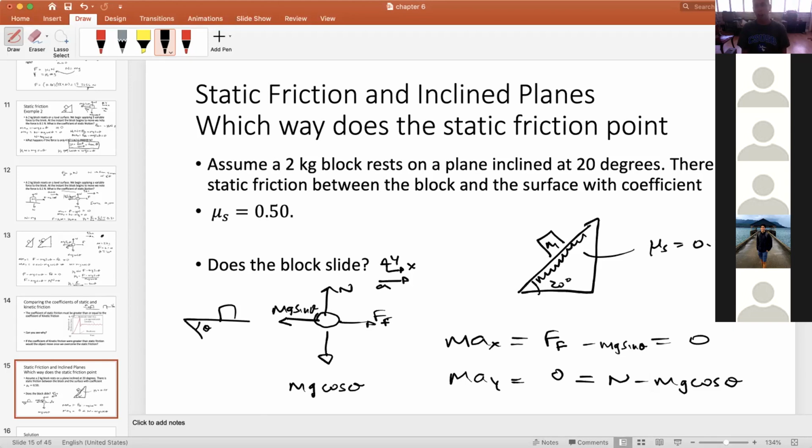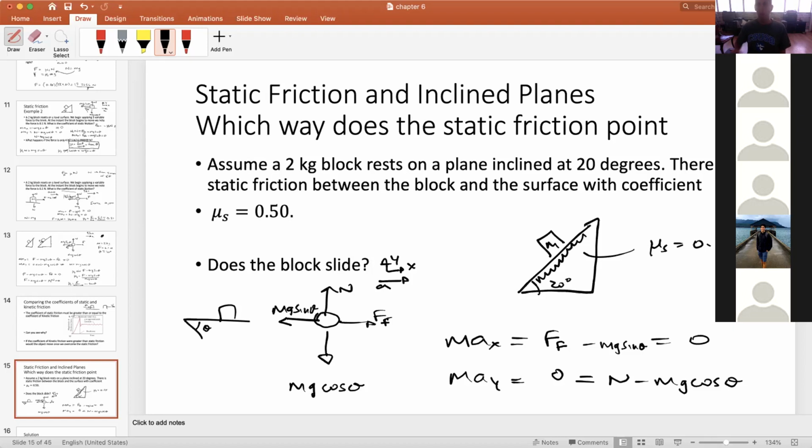However, that's hard to just think about. If you set something on an edge, maybe intuitively you go, oh yeah, the friction points up the incline because it's keeping it from sliding down. We're going to see in a minute that it's not that simple when you get other forces involved.